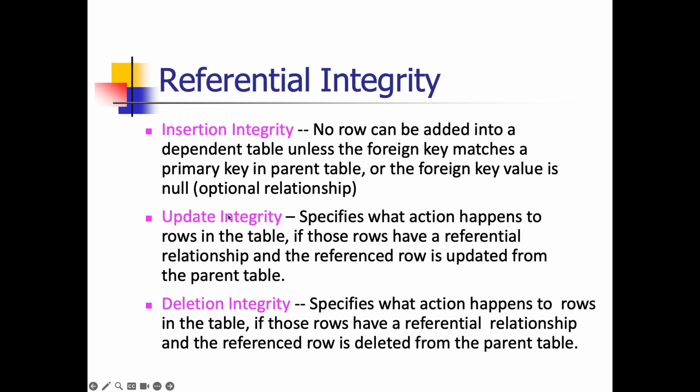Update integrity specifies what action happens to the rows in the table if those rows have a referential integrity, that is, they are foreign keys in another table and you're updating them. So what happens, for example, in the primary table? If you update department ID in the department table, what happens to the department ID in the instructor table?